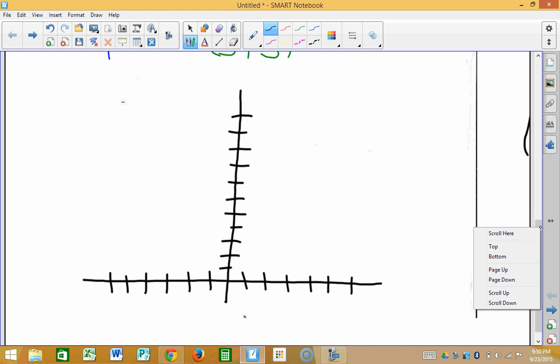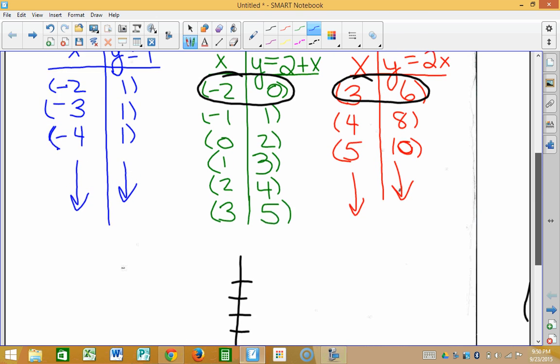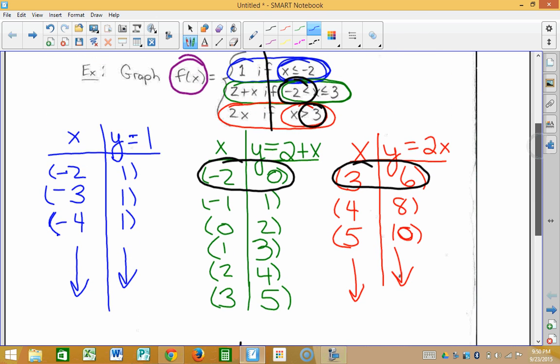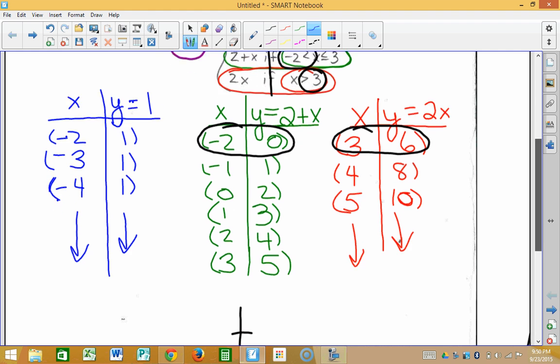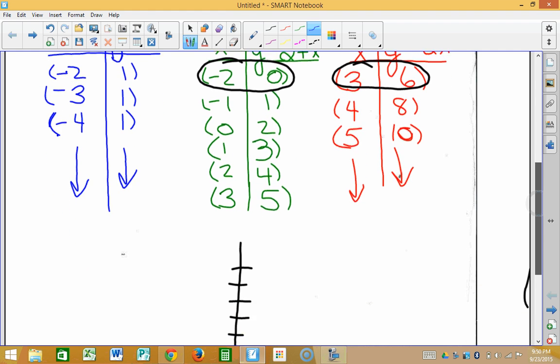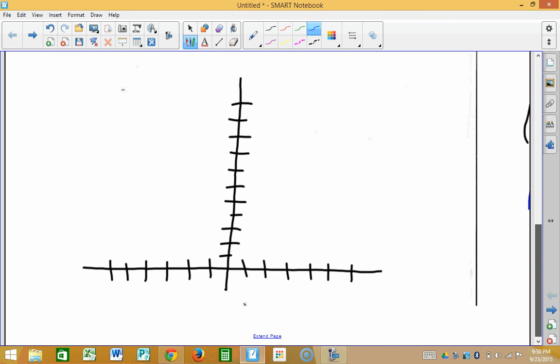So let me go ahead and switch back to blue. We're going to graph the blue part first. So these are all going to be solid dots because it's less than or equal to. So all solid dots when I plot these. So -2, 1, -3, 1, and -4, 1.